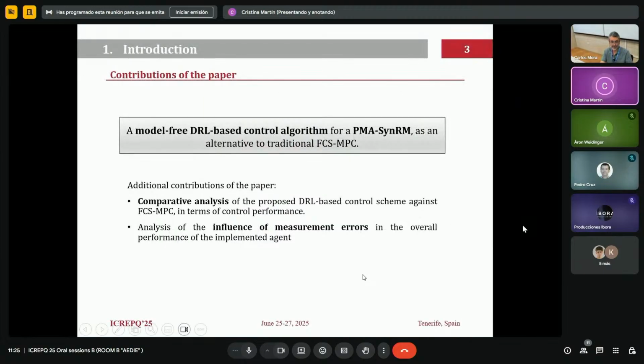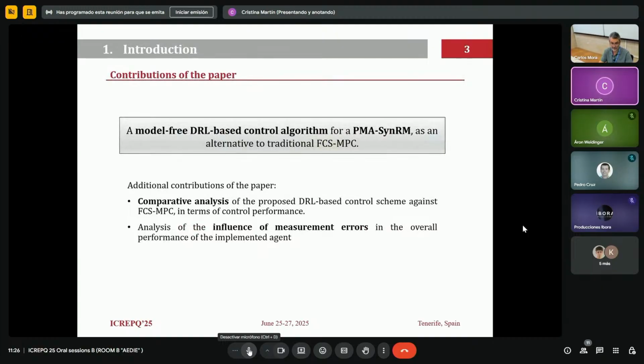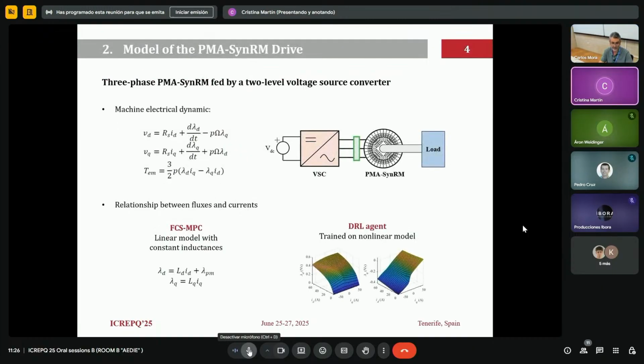Can you see the second slide now? Yes, now we are seeing your slide. Thank you. And the next one? And the next one, yes. The problem is that you have to share the complete window, not the document. That is the mistake. Okay, you can continue.